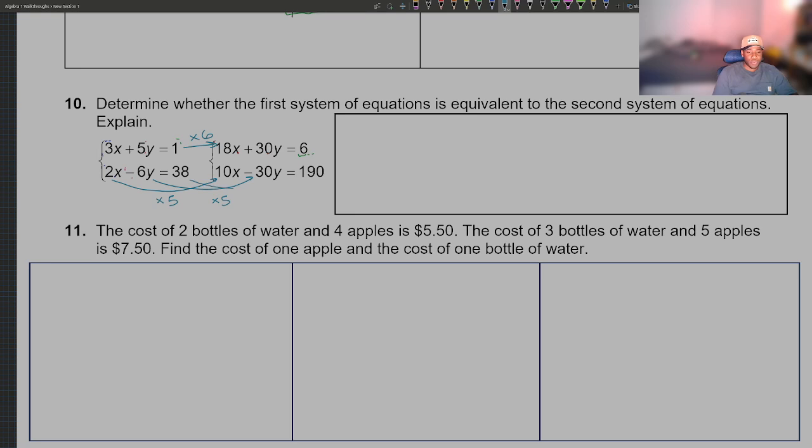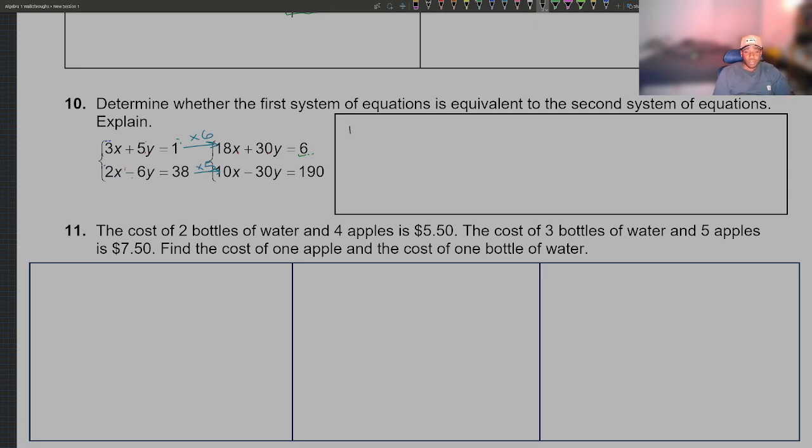And if we go from 38 to 190, that's a bigger number, but 190 divided by 38 still gets you 5. So what's happening in the second equations is you're just changing how they look by multiplying everything by 5. All right, so what does that tell us? Well, that tells us that these two systems are equivalent.